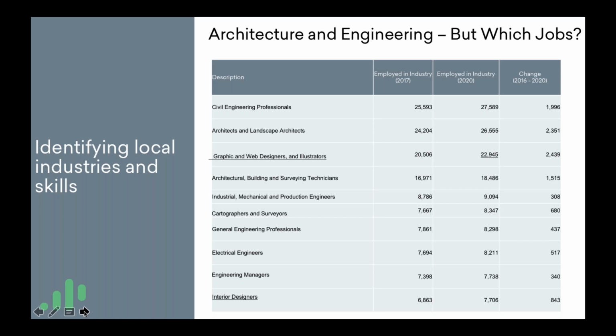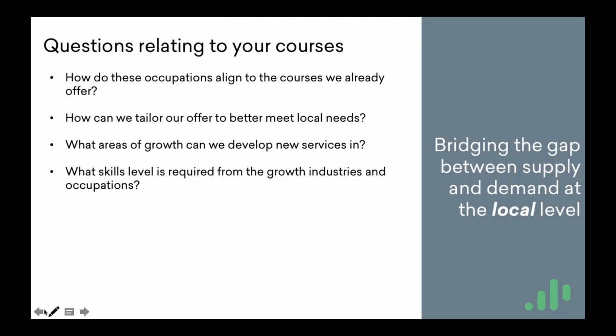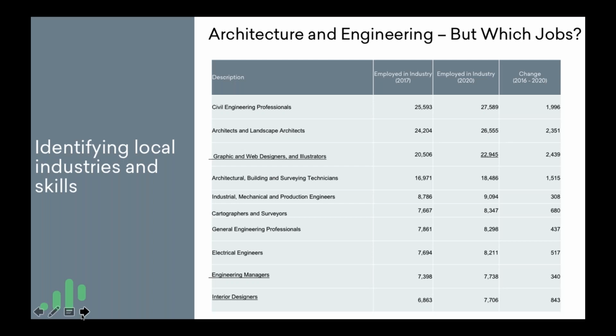Then right at the bottom there, interior designers. Likewise, not necessarily an occupation that would immediately spring to mind if you were talking about engineering, but one that's important and one that would require a very different set of training to those more traditional engineering occupations that we see elsewhere in this table. And then finally, second from the bottom there, engineering managers.